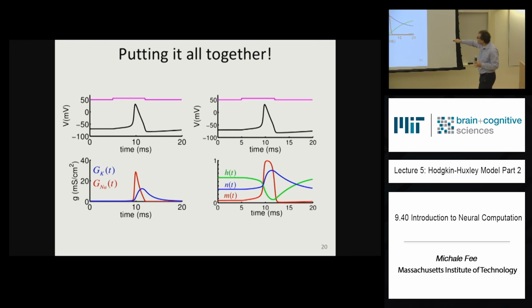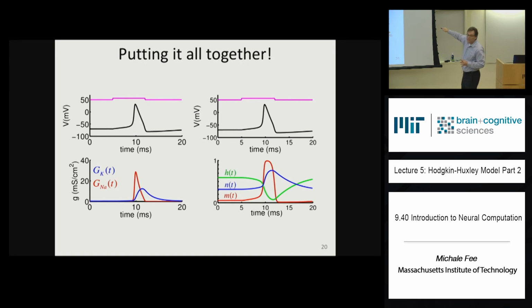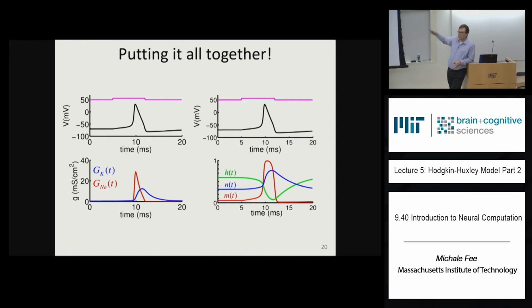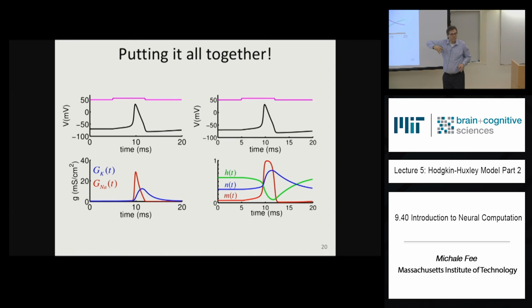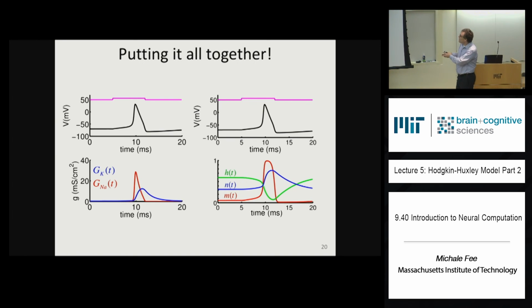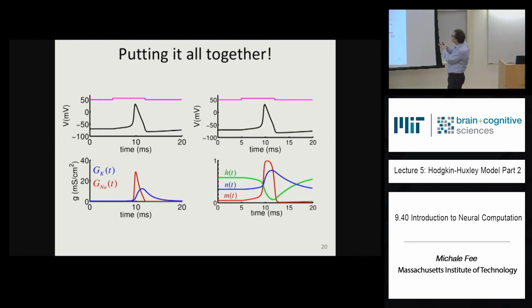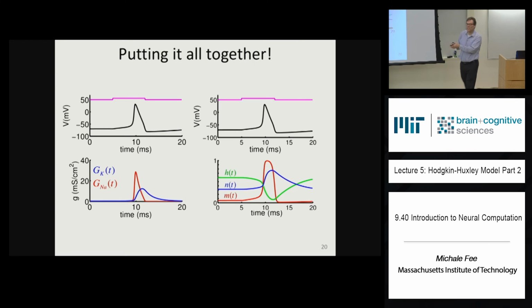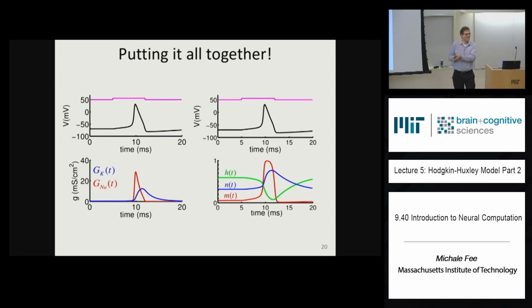During that whole time, the inactivation gate, this cell is very depolarized, very positive. That little bit of goo falls in, H drops, that shuts off the sodium conductance. Potassium conductance finishes bringing the cell back. Okay? Beautiful, right?